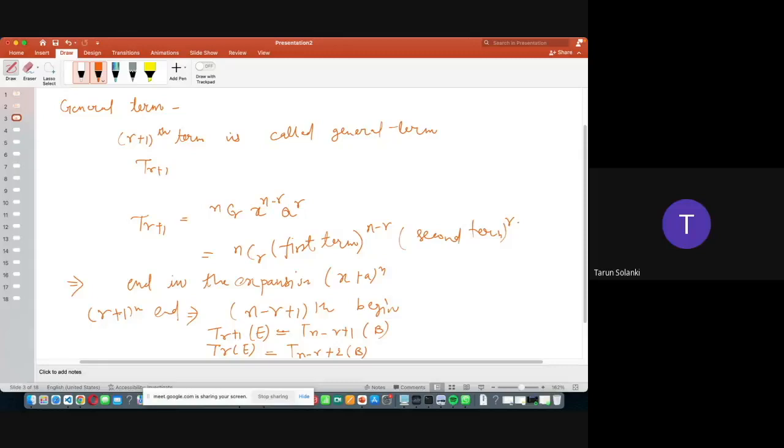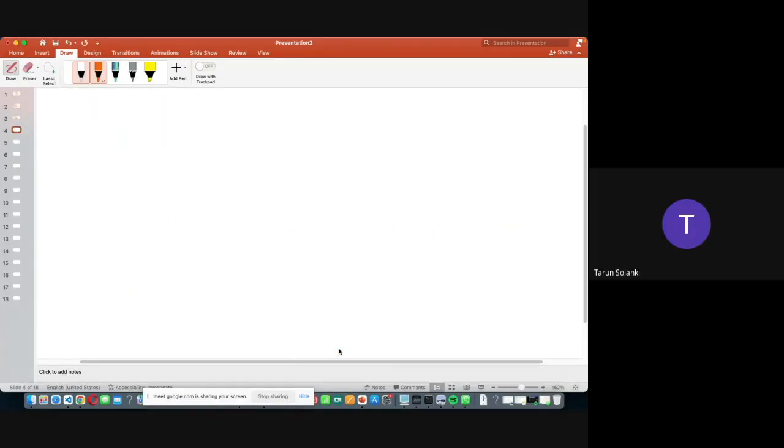Okay, next is number of terms in the expansion.